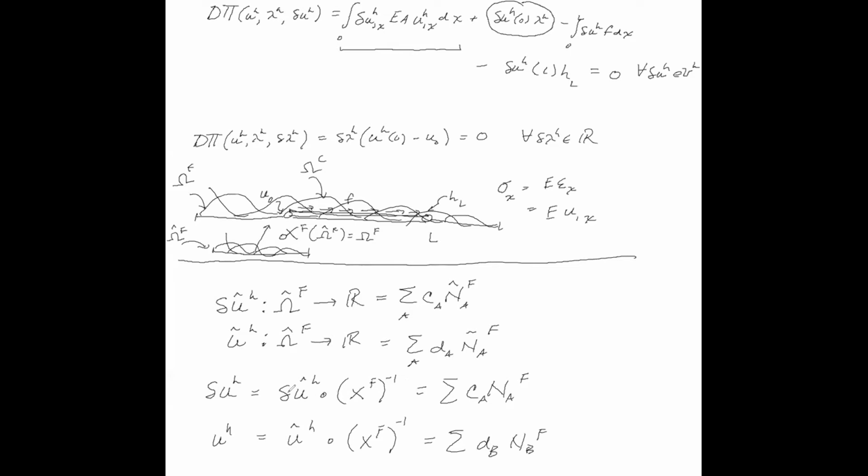It takes something that's defined in the parametric coordinates and makes it defined in terms of the physical coordinates. This is very classical. It's nothing more than what we call an isoparametric mapping. It's very standard practice that is done commonly in structural finite elements.